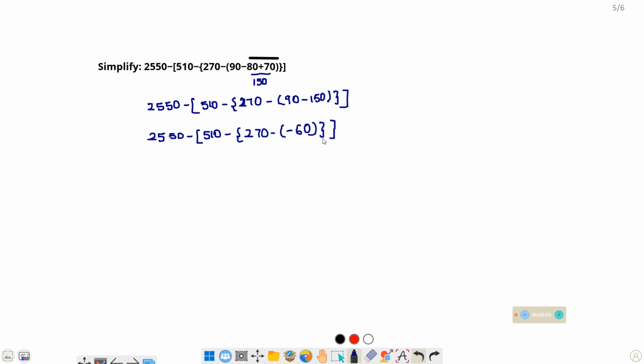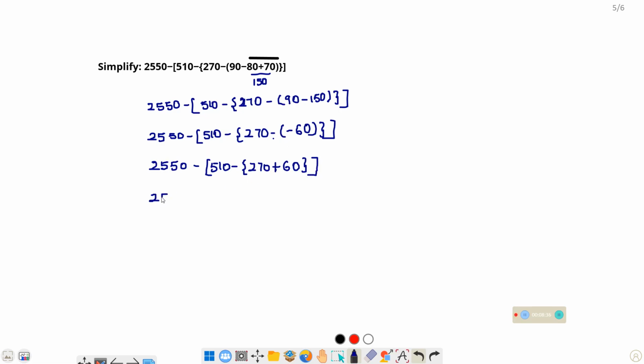Now let's solve this. So negative and negative becomes positive. You have to write each and every step very clearly and neatly. In this kind of expressions, it's very important to make your work very neat so that you won't miss any step. Now negative and negative becomes positive.